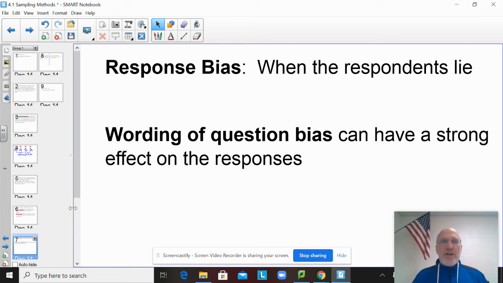And the last one is wording of question bias. How the question is worded can have a strong effect on the responses. And clearly in today's political society, oftentimes people are taking surveys and they want a particular response. So you have to be real careful how a question is worded. I've got an example here. Gun control is a very hot topic in society today.